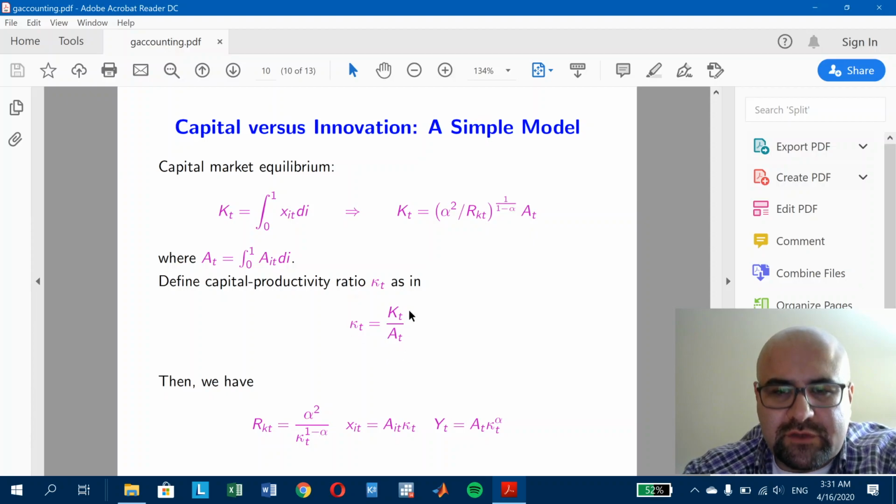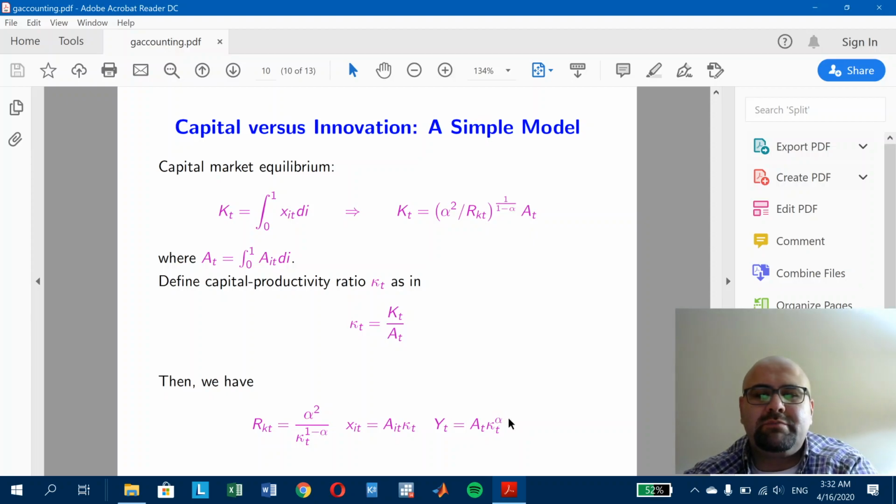Now, if we define this and use that aggregate result originating from capital market equilibrium in the economy, we can solve for the rental rate as a function of kappa, and then we can write XIT in this way, and output from the final goods sectors will be written in this way.